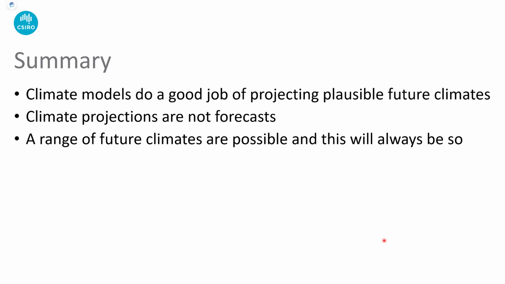And a range of future climates are always possible, and that will always be so. There's an element of chaos in the climate system that means it's impossible to ever predict exactly what the future climate will be, but we can set bounds around it, and that is enough to inform really sensible decision making going forward.